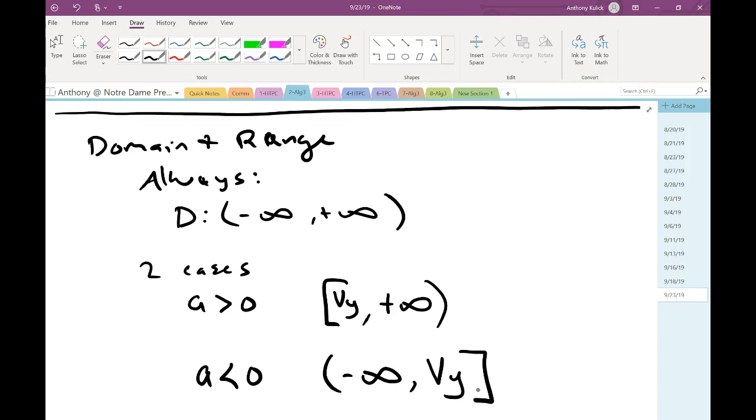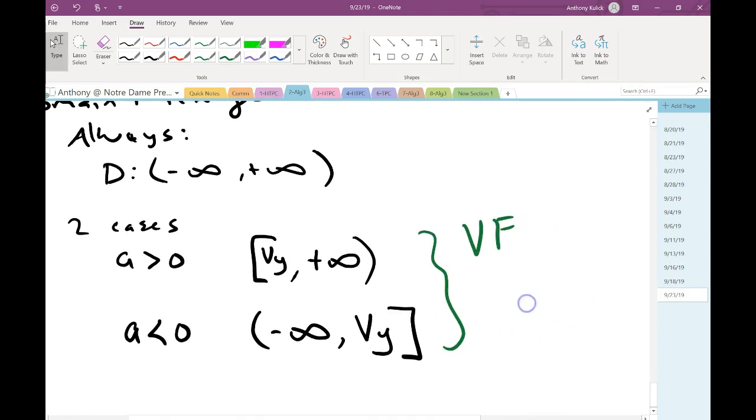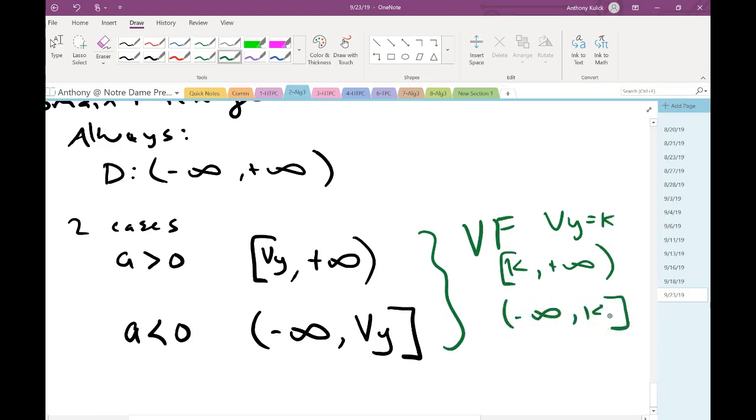It looks a lot like the range for the absolute value functions we just talked about, right? We had the same kind of thing. And notice that if we're dealing with vertex form, what is the y coordinate of the vertex in vertex form? It's k, isn't it? And now it is exactly the same rule for range as for absolute values, wasn't it? It's exactly the same rule. That's convenient.